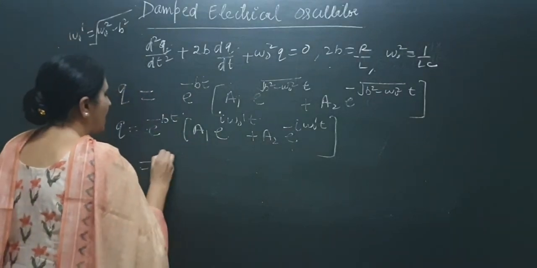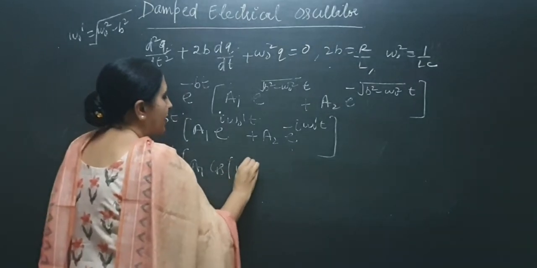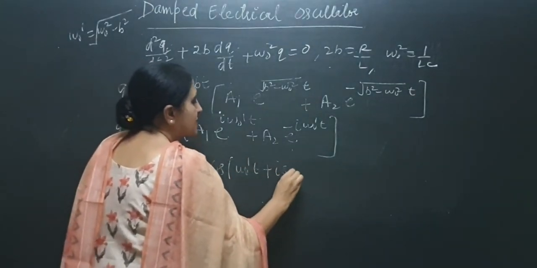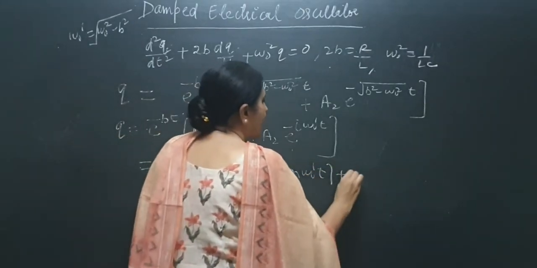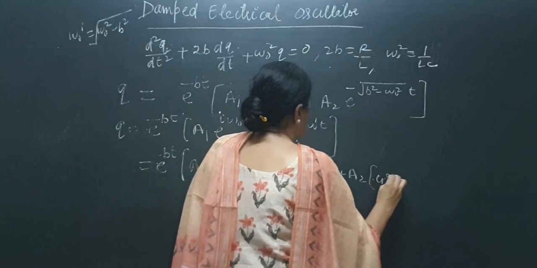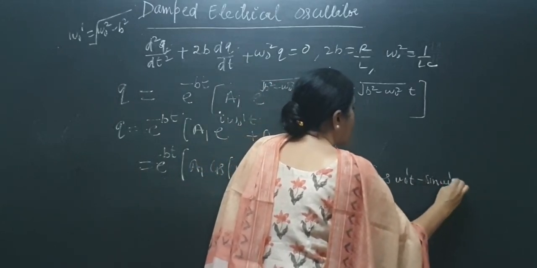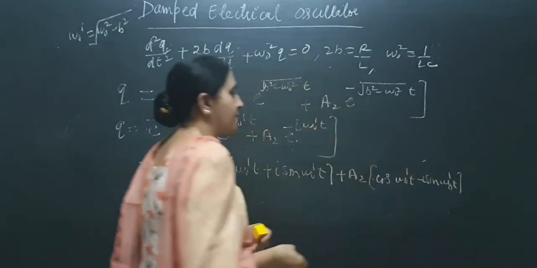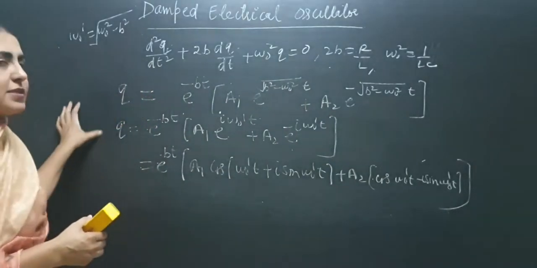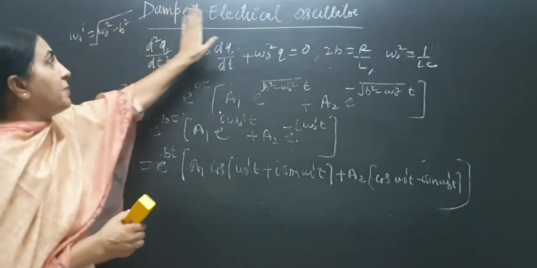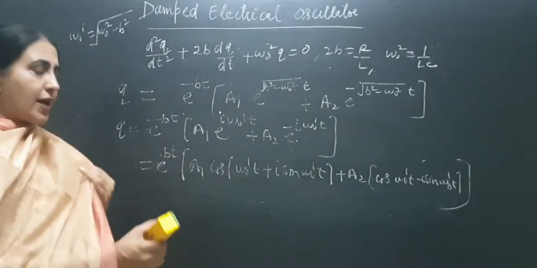So e raised to power minus bt, a1 cos of omega naught dash t plus iota sin of omega naught dash t, plus a2 cos of omega naught dash t minus iota sin of omega naught dash t. And in the same way as in the case of damped mechanical oscillator, you can take the factors of cos omega naught dash t common.